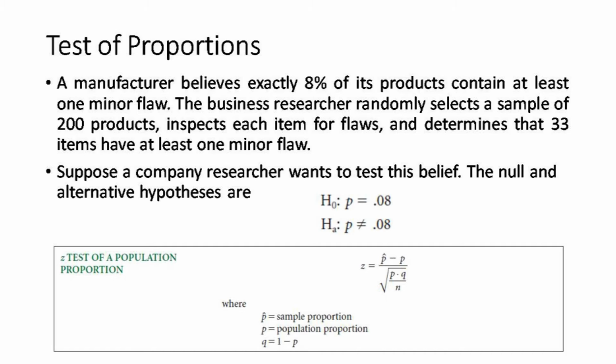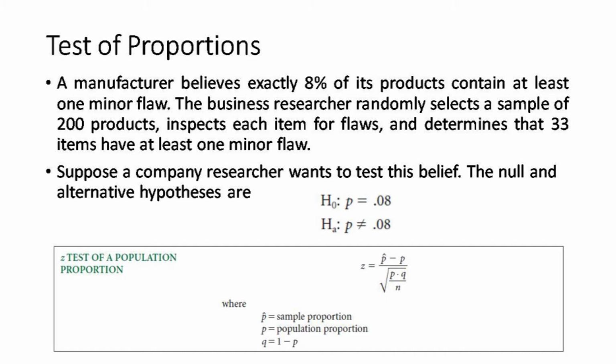Now, suppose the researcher wants to test the belief that 8% of its products contain at least one minor flaw or not, then the null hypothesis and alternative hypothesis are P is equal to 0.08 and P is not equal to 0.08.